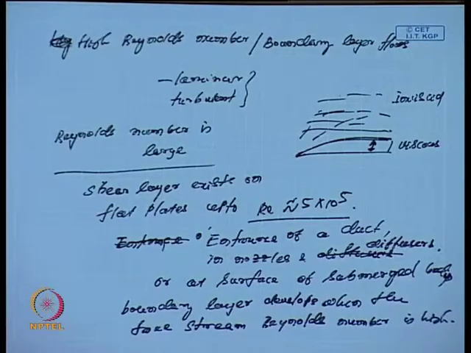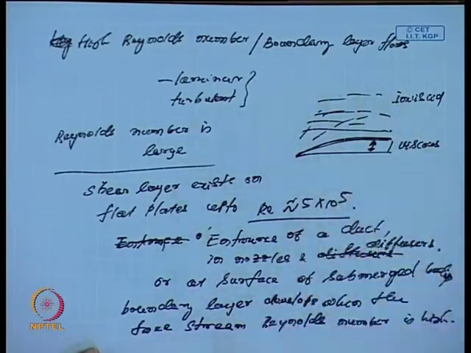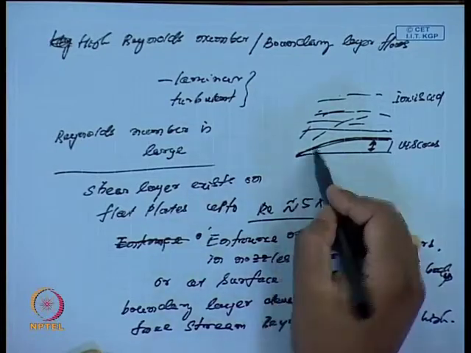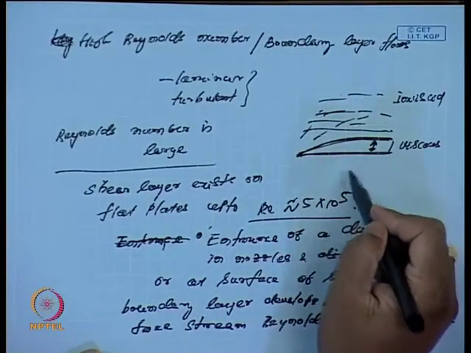And apart from this, we have seen that there are a large number of problems in which it is observed that the viscous effects are felt just in the immediate neighborhood of the solid boundary, and this distance is very small.